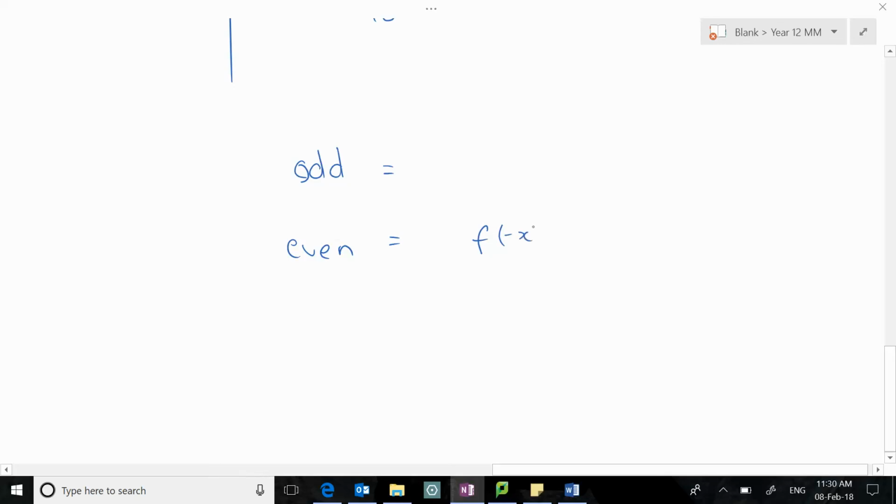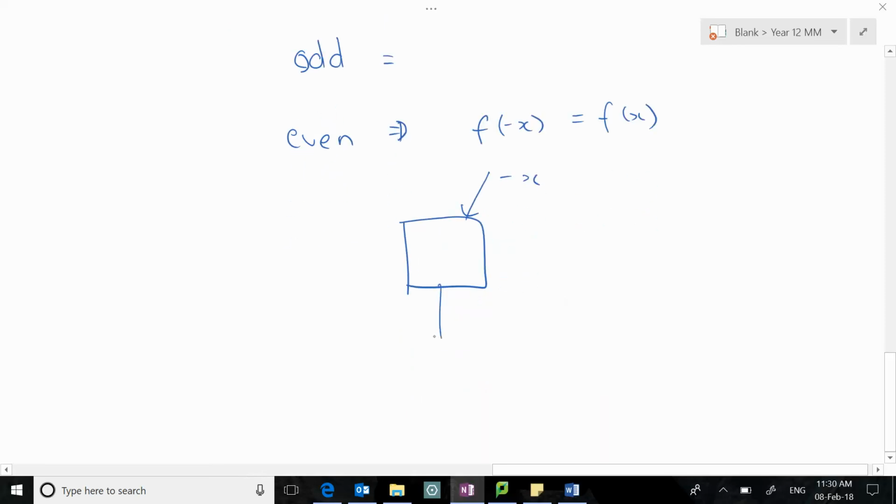In order to test if a function is even or odd, there's only one test: what happens if I put a negative number in. In your function, if I draw a box, all we're saying is what if I put a negative number in there? Do I get a positive number or a negative number?